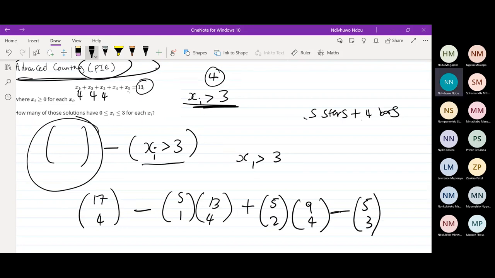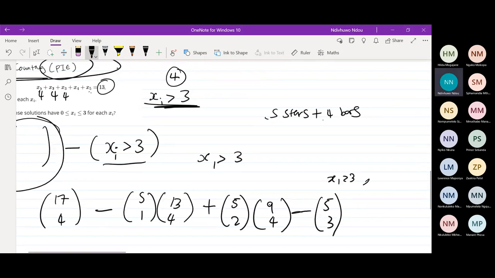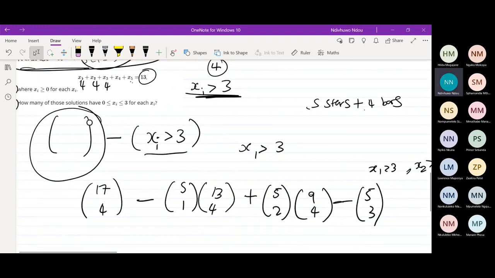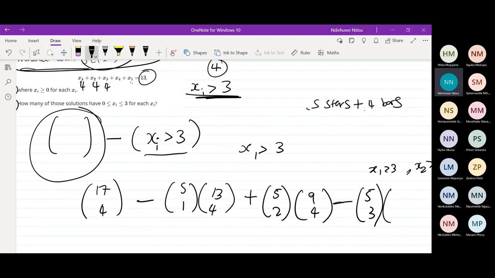So 5 choose 3, because we are choosing 3 items, x1, x2, x3. So this is for x1 greater than 3, x2 greater than 3, x3 greater than 3. Each of them must be at least 4. You're giving 4, 8, 12. So from 13 stars, if I'm giving x1, x2, x3 4 each, how many are we left with?